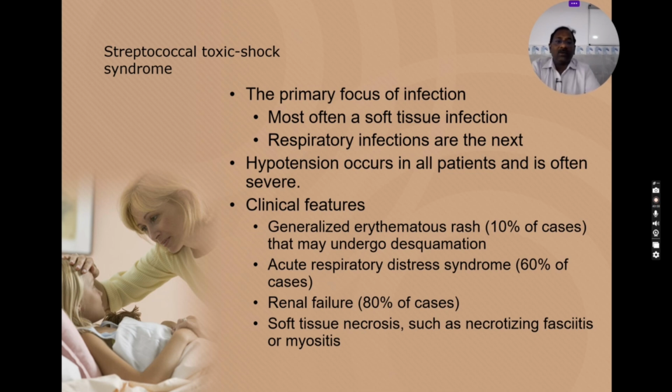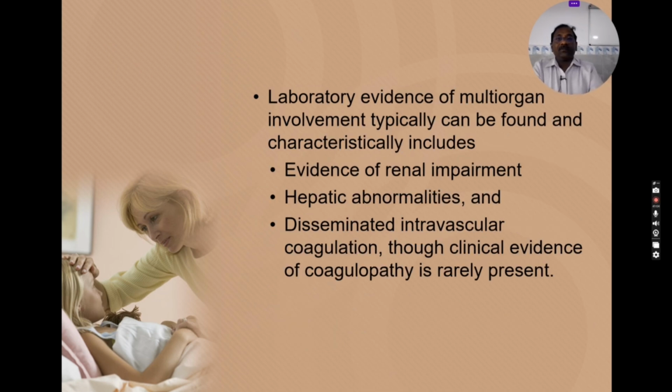And soft tissue necrosis, necrotizing fasciitis or myositis. See the dangerous situations in the streptococcal toxic shock syndromes. A lot of the people have AKI, about 80%, ARDS in about 60%, and a generalized erythematous rash in about 10% of the cases, and sometimes necrotizing fasciitis or myositis with a lot of secondary infections.